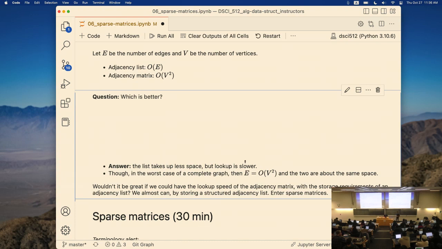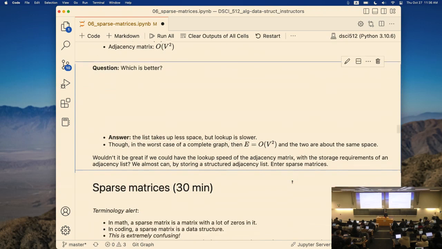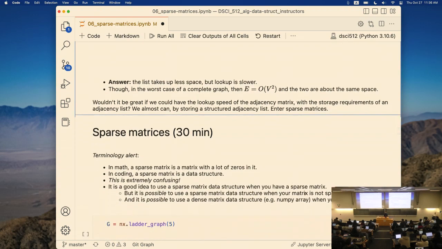If we just store a matrix that's full of zeros and only, let's say, 0.1% of the values are non-zero, that would be super inefficient, storing a lot of zeros just for no reason. Okay, so this is why there is this concept of sparse matrices. First of all, terminology alert. So in mathematics, a sparse matrix is a matrix that contains a lot of zeros.